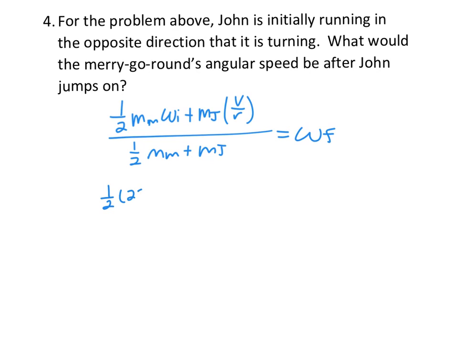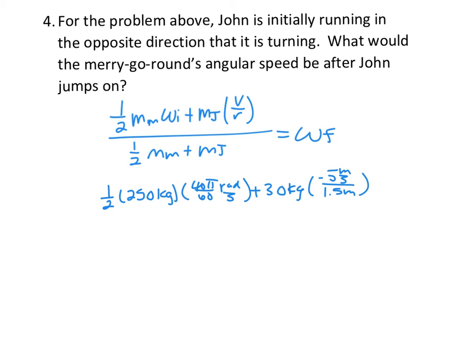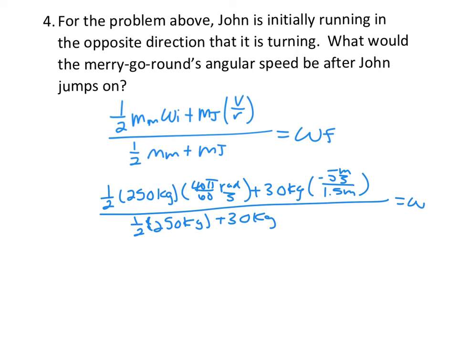So we get 1/2 times 250 kilograms times, that was the 40 pi divided by 60 radians per second, plus 30 kilograms times negative 5 meters per second over 1.5 meters, over half of 250 kilograms plus 30 kilograms equals omega final.